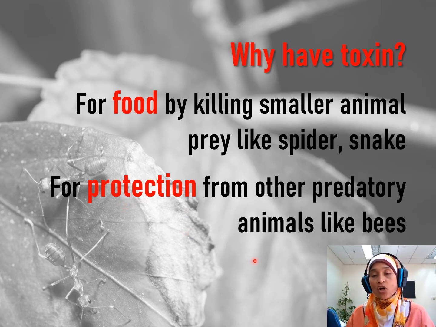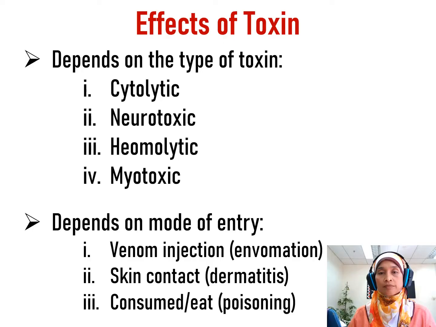With the presence of toxin, these animals or creatures can use the toxin to get rid of the predators that want to eat them. Different kinds of toxins would have various effects on the victim or the prey. And the effects of the toxins would of course depend on the type of toxins.